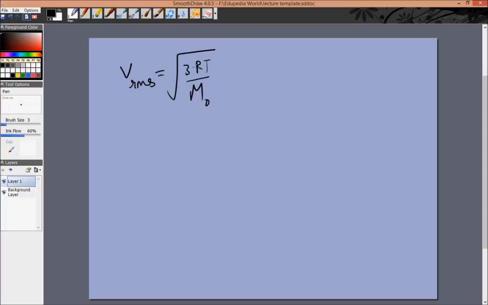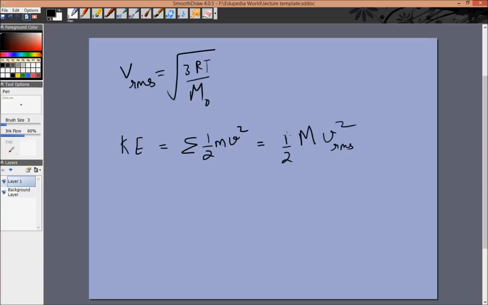So now that we know Vrms, let's see what kinetic energy does. Kinetic energy is basically summation half mv squared. m is the mass of 1 particle, v is the speed of 1 particle. That can also be written as, by our own definition, half capital M Vrms squared. M is the total mass of the gas.